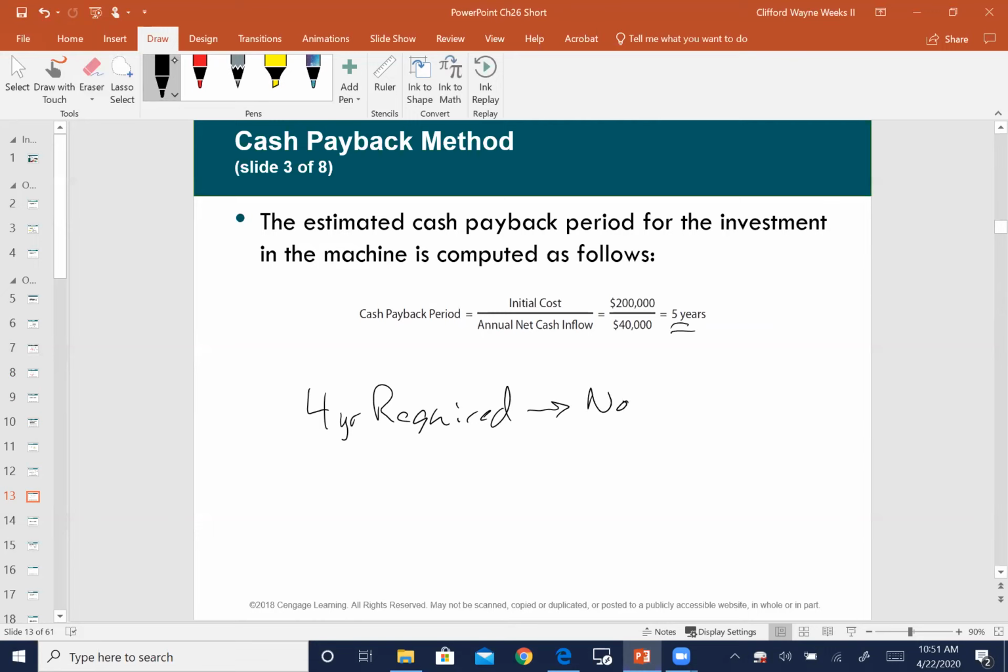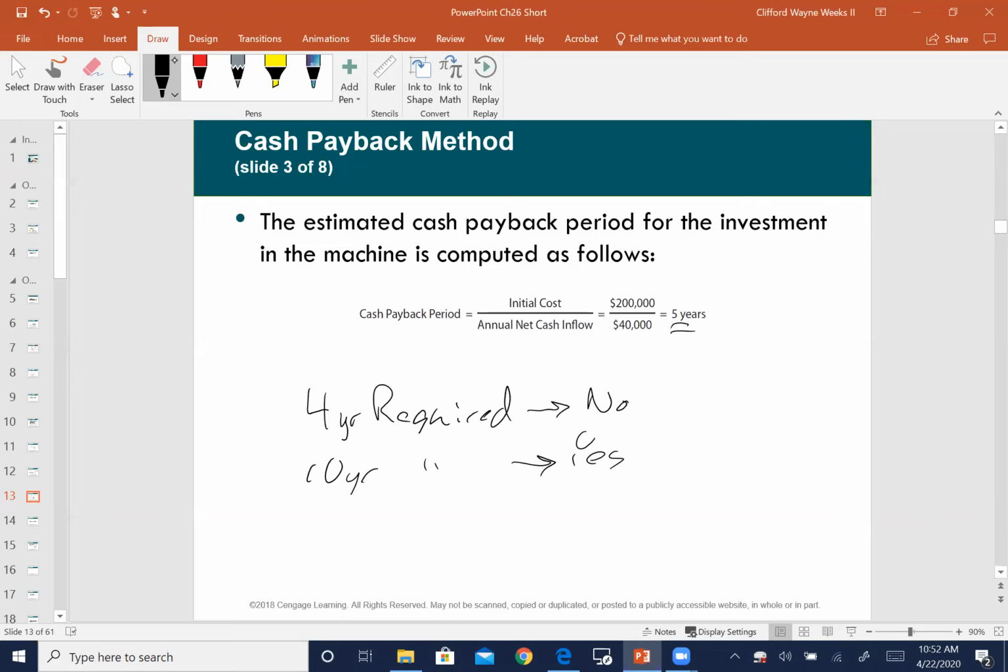Why? Because it was 5 years, that is over our cutoff or our threshold. However, if it was 10 years required, then we say yeah, this pays for itself in 5 years versus the 10 years. And so generally you would think, hey, the shorter number of years, the better. So if we had another proposal that only took 4 years to pay for itself, then we'd probably choose that one over this one.